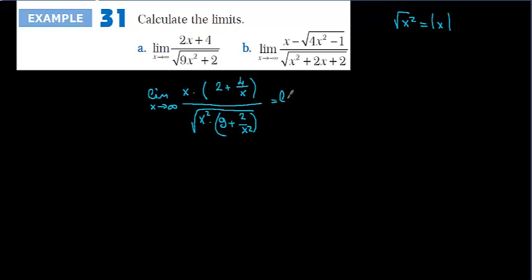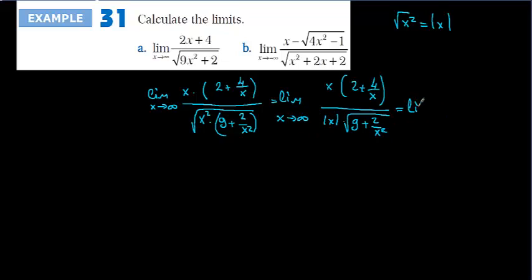So this is going to be equal to limit x tends to infinity, x times 2 plus 4 over x over the absolute value of x times root of 9 plus 2 over x squared.